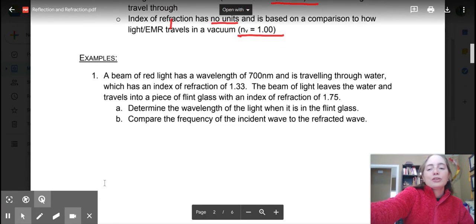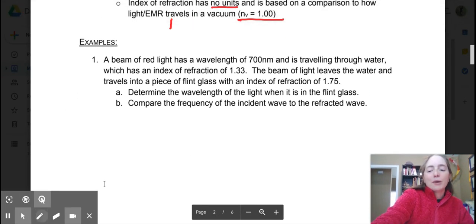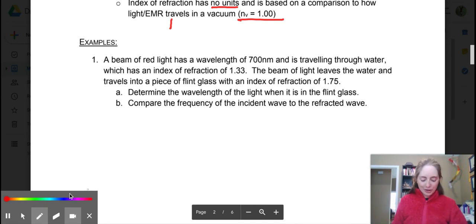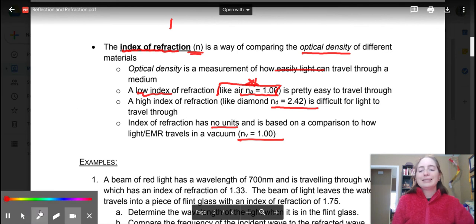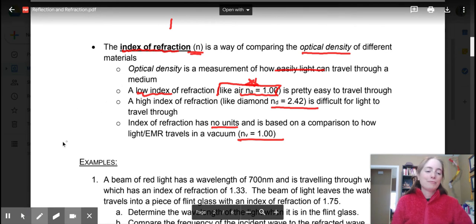Okay, so let's look at a couple of brief examples here, ladies and gentlemen. One other thing I forgot to write down. Let's go back here. So we talked about it, but we didn't write it down.